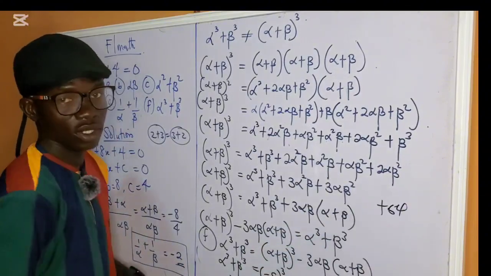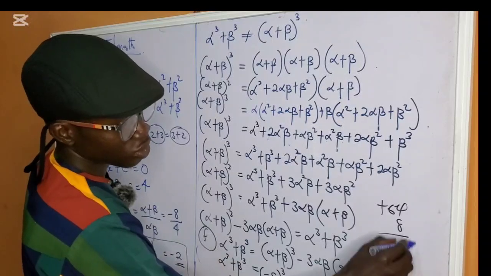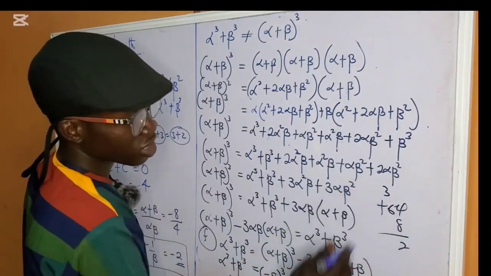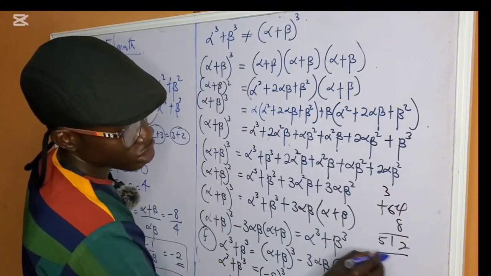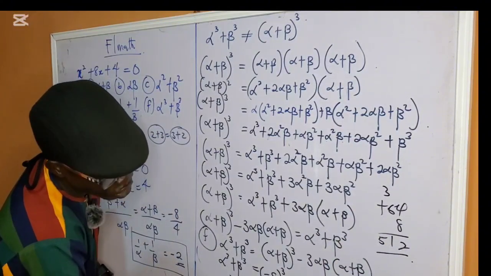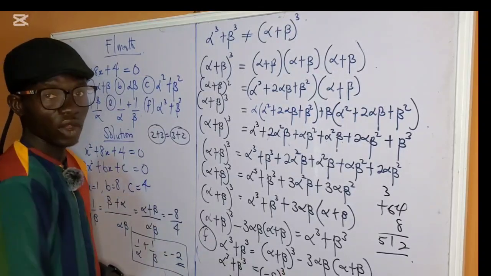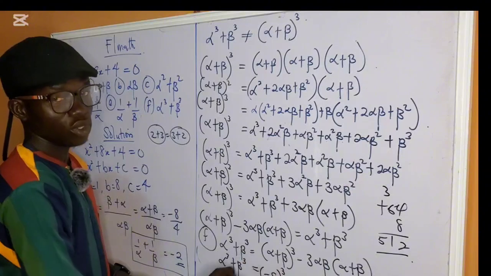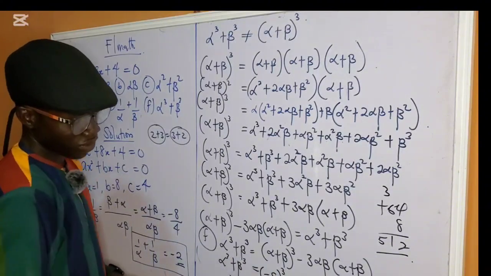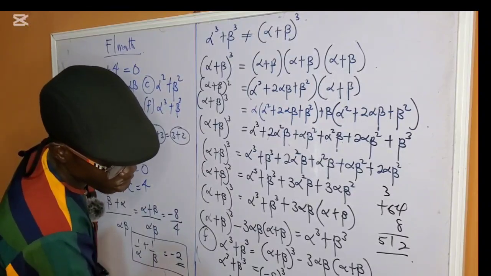I don't want to use the calculator. So I'll multiply this by 8 again. That's 8 times 4, that's 32, right? 2 carry 3. 8 times 6, that's 48 plus 3, that's 51. This will give us 512. But it's going to be negative 512 because the power is an odd number. If the power is an even number, we're going to have a positive answer. But since this power is an odd number, 3, it's going to give us a negative answer. So plus, minus times minus, that will give us plus.